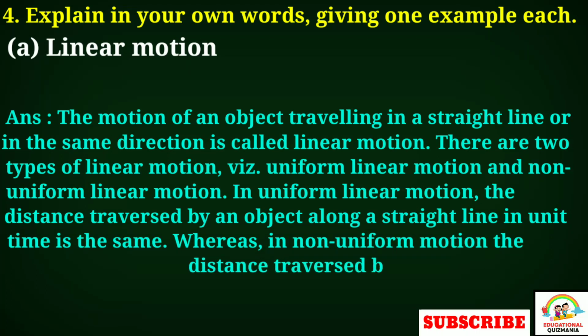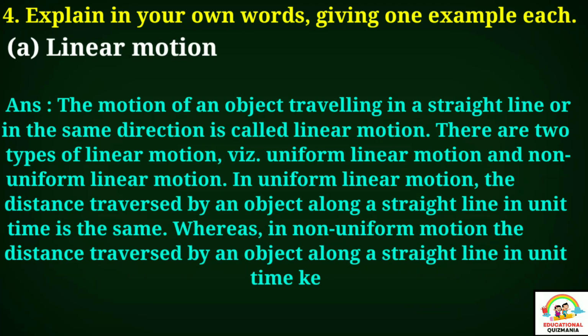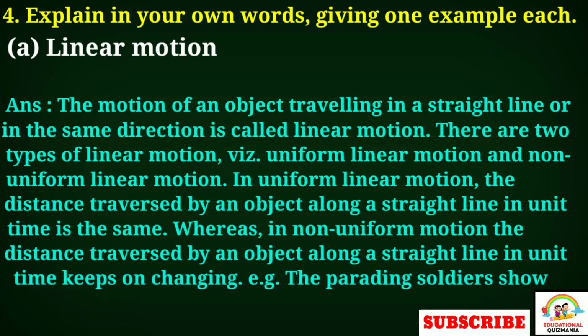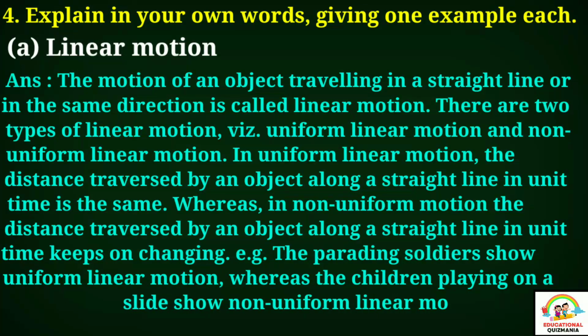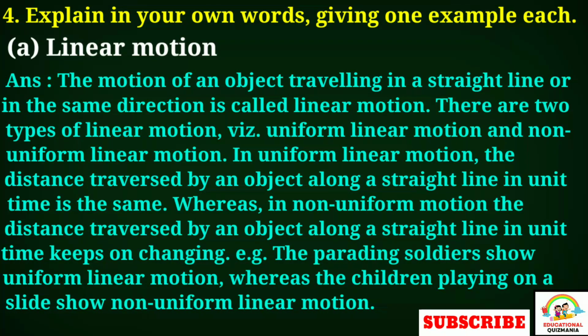In uniform linear motion, the distance traversed by an object along a straight line in unit time is the same, whereas in non-uniform motion, the distance traversed in unit time keeps on changing. Example, the parading soldiers show uniform linear motion, whereas the children playing on a slide show non-uniform linear motion.